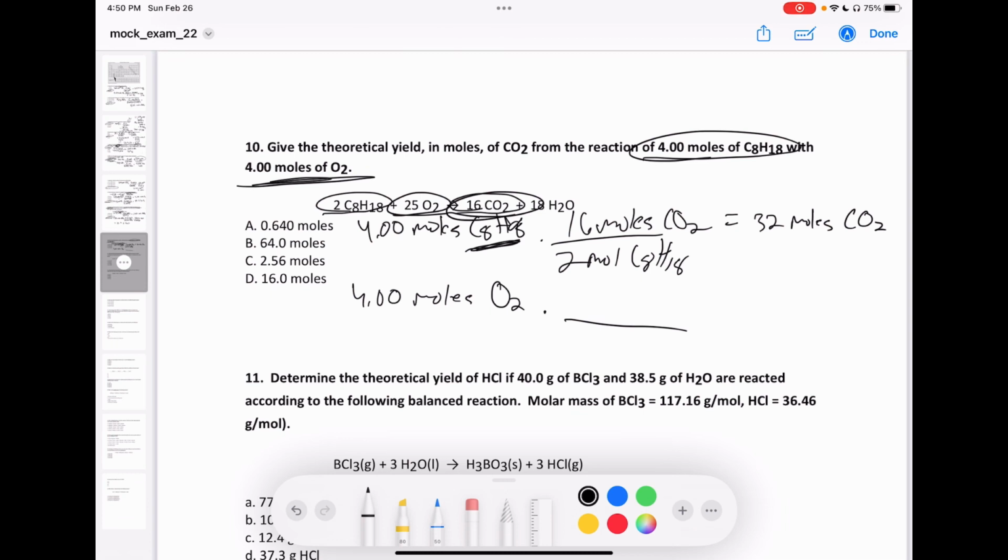And then in the internal mole ratio, there are 25 moles of O2 that react for every 16 moles of CO2 produced, and that is around 2.56 moles of CO2.